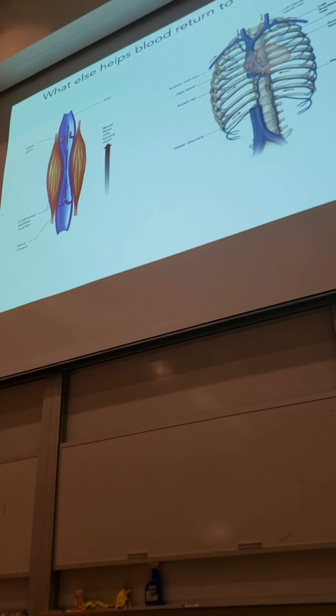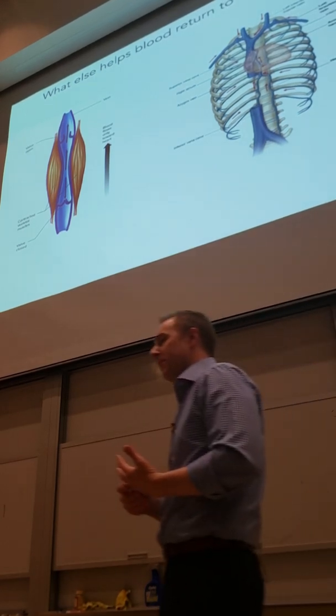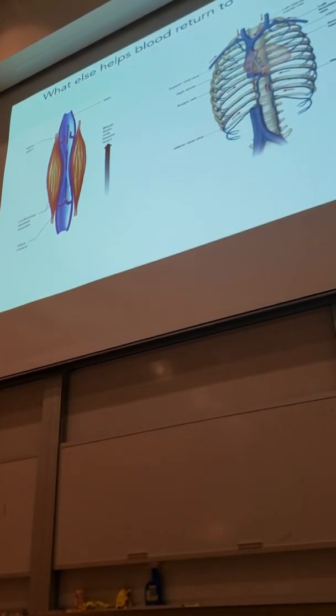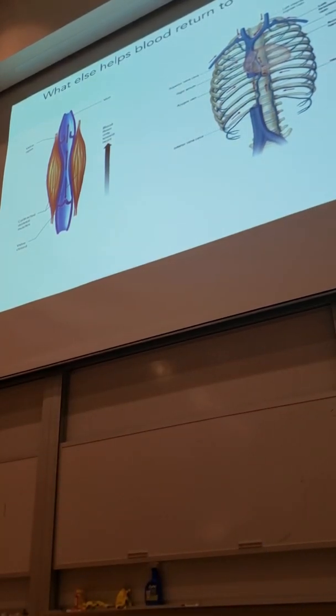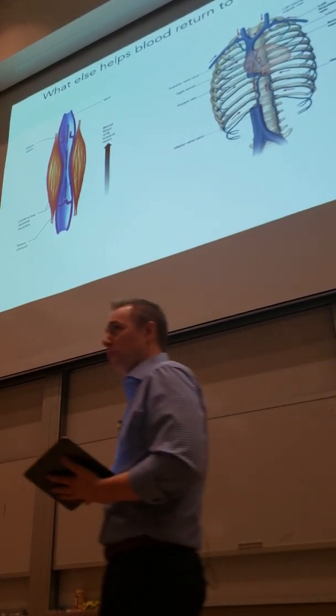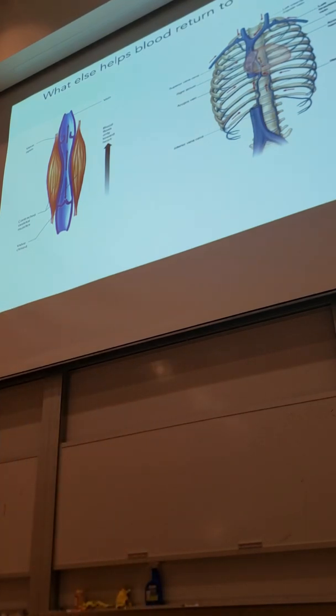So the veins, we'll talk about numbers in a moment. When the blood comes out of capillaries, the venous pressure at those venules is about 15 millimeters of mercury. And then at the right atrium, it goes down to about 2. So these are very low pressure vessels.